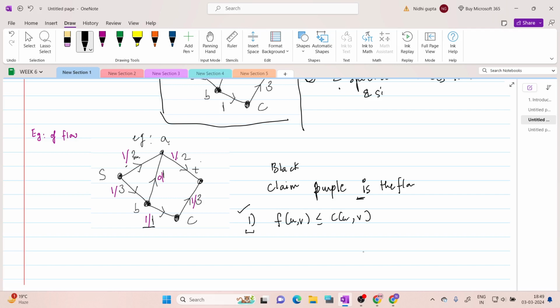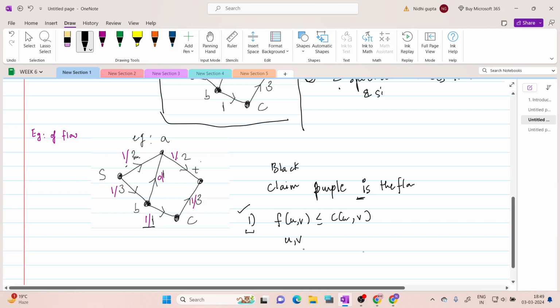Second is skew symmetry. There are no two edges like UV and minus VU, so skew symmetry is trivial. And third is the conservation law. What do we have to check?